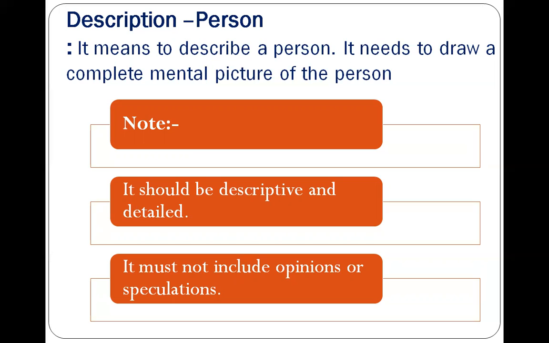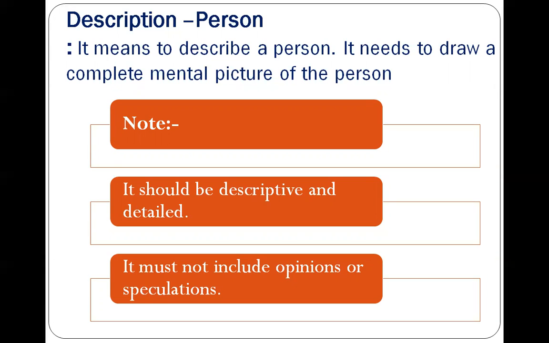Thus, the writer is not expected to indulge in any elaborate or philosophical introduction. Right? It should be descriptive and detailed, but it should not be elaborated excessively. Thus, when you are writing, your writing style should be very clear and simple.